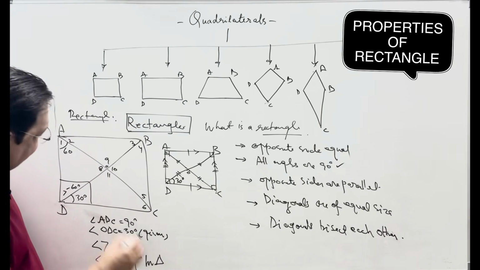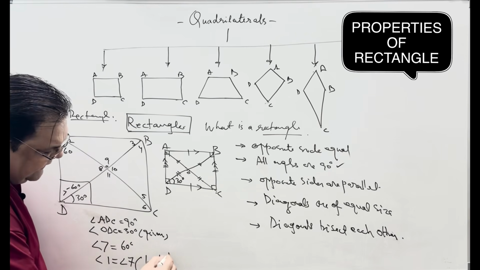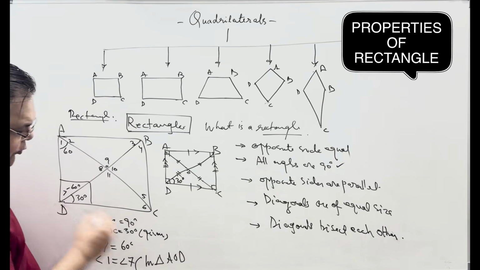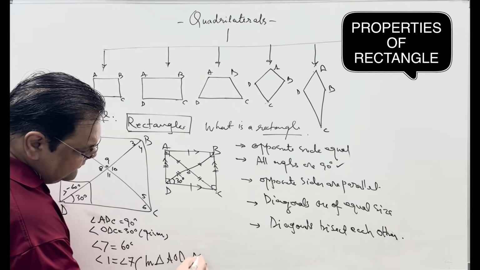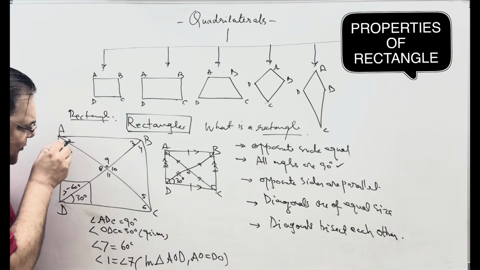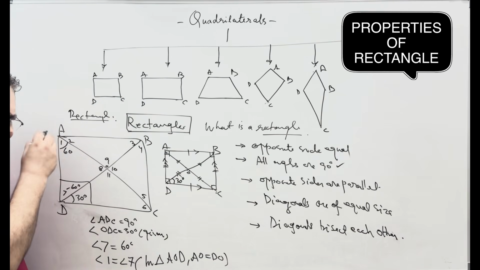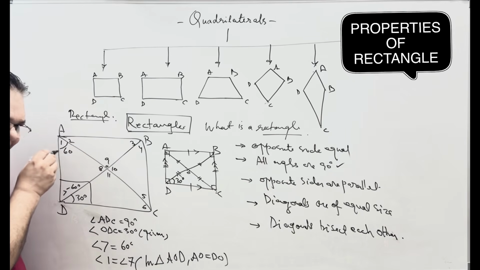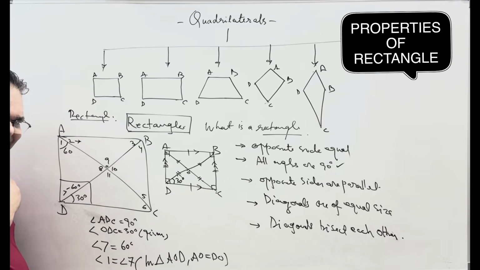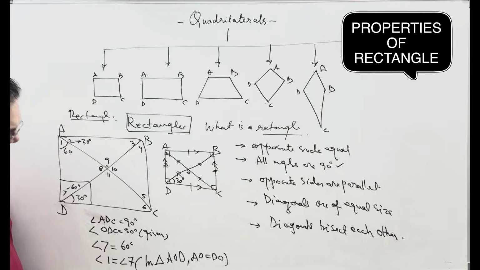Because in triangle AOD, AO is equal to DO, it is an isosceles triangle. Similarly, angle 2: total is 90, and angle 1 you know is 60, so angle 2 will be 90 minus 60, which is 30.